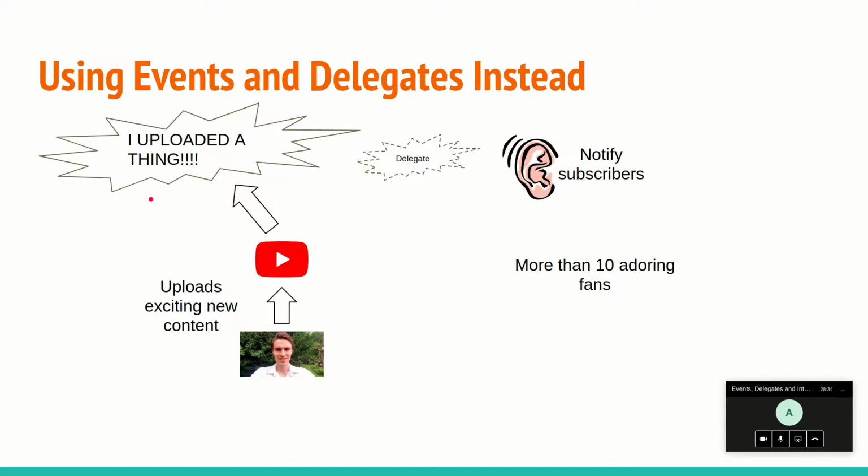It just shouts out, anyone who's listening, by the way, I just uploaded a video. The ear hears this, and it hears that this is the same as the delegate that promised that this is what would occur. And as soon as it hears that, it goes ahead and immediately notifies the subscribers.